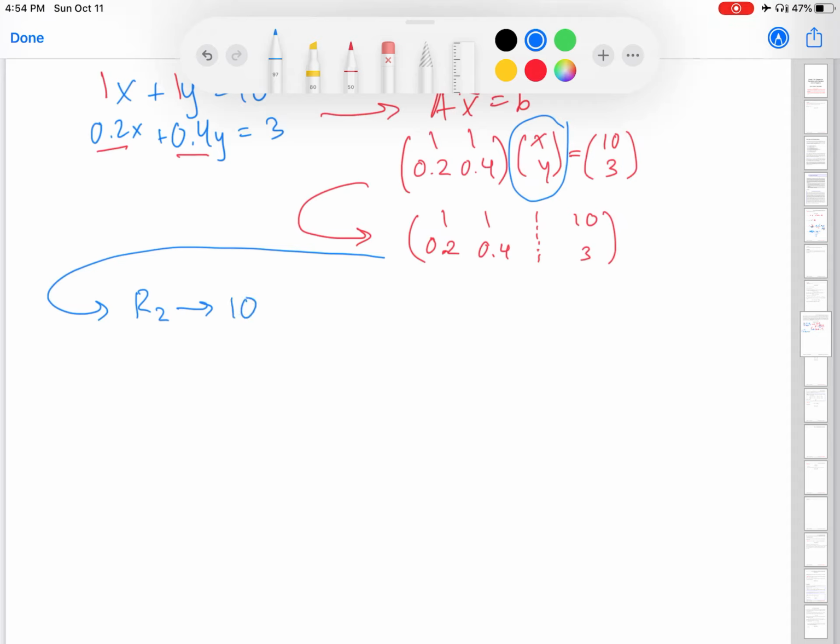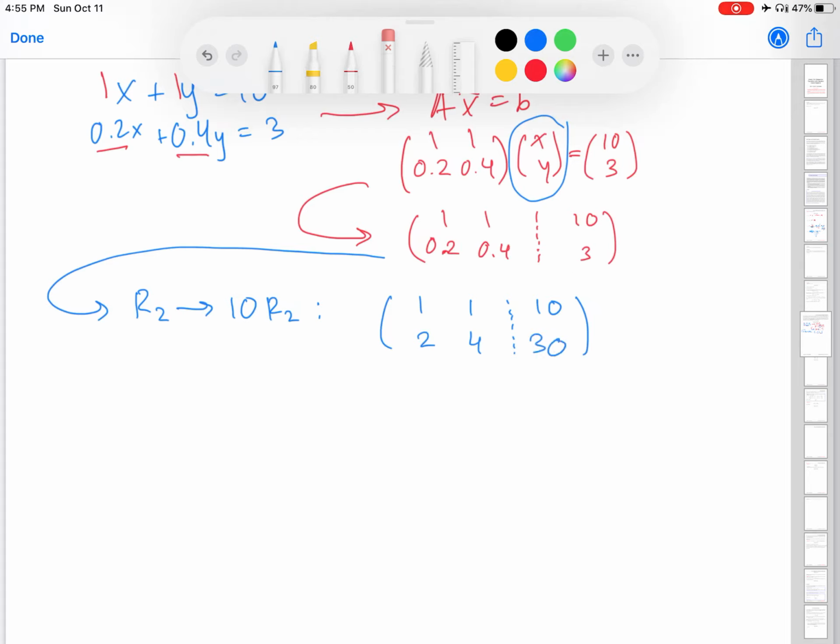So I'm going to multiply the entries in the second row by 10. I am not changing the entries in the first row of this augmented matrix, and then every single one of these terms in the second row gets multiplied by 10. So I get 0.2 times 10 is 2, 0.4 times 10 is 4, and then 3 times 10 is 30.